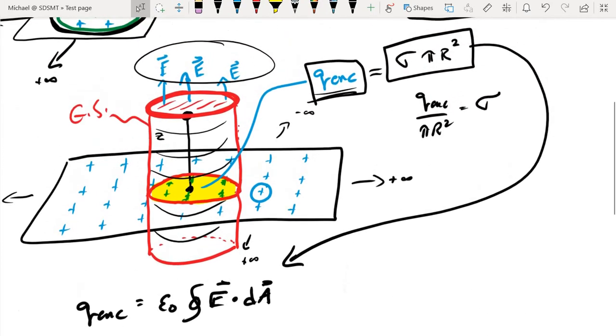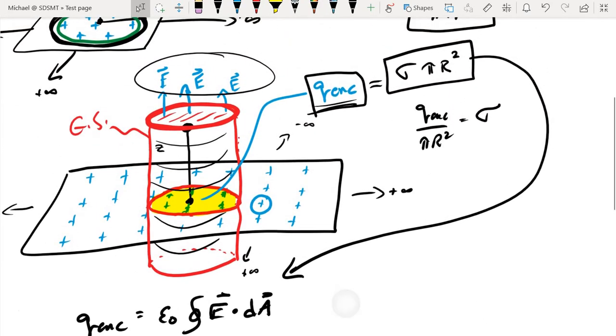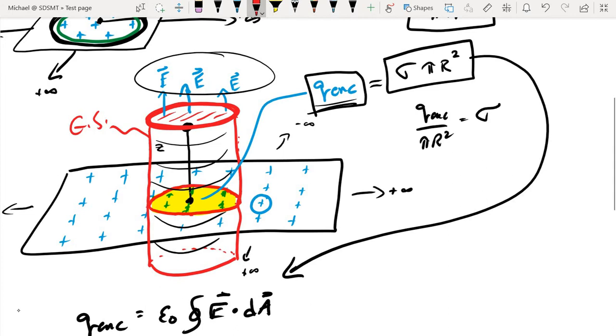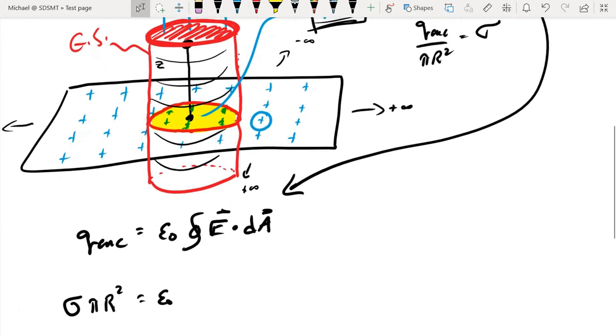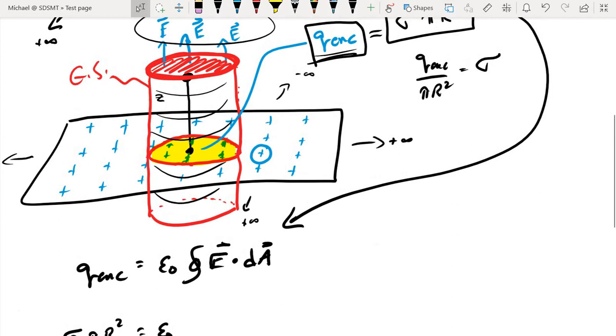And we've already argued that the electric field should be uniform at all points as they pass through that end cap of the cylinder. And so we can bring the electric field expression outside of the integral after we take care of the dot product. We still have that dot product in there. So let's take a moment to evaluate our dot product.